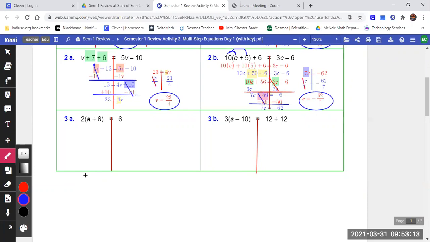Okay, good job. So I have to show the distribution. The 2 is going with the A and the 2 is going with the 6. And that means multiply. So 2 multiplied by A, positive 2 multiplied by 6. I don't need to say positive 6 because without a sign, we know it's positive, and that has to equal 6 because that was already there.